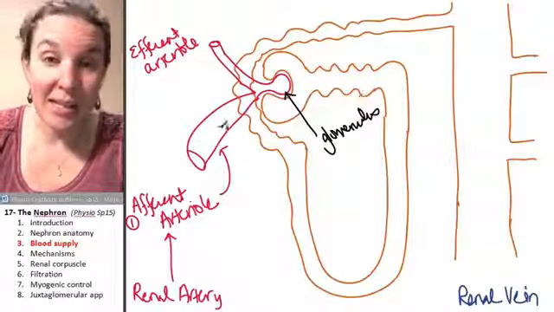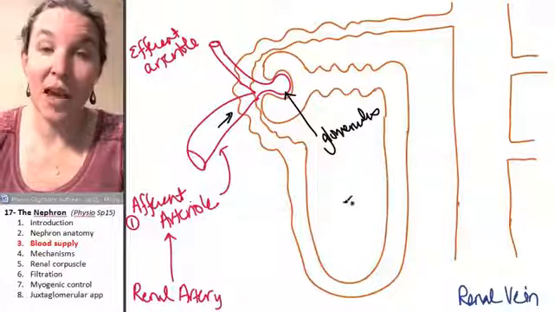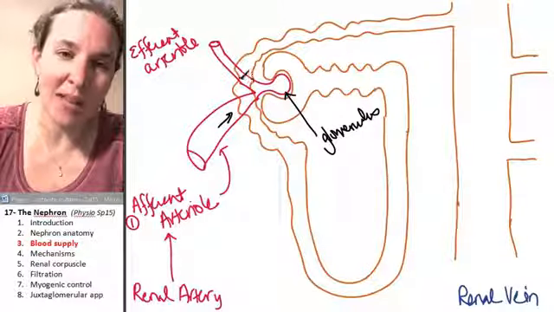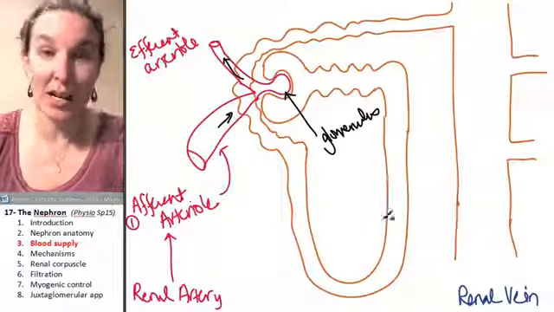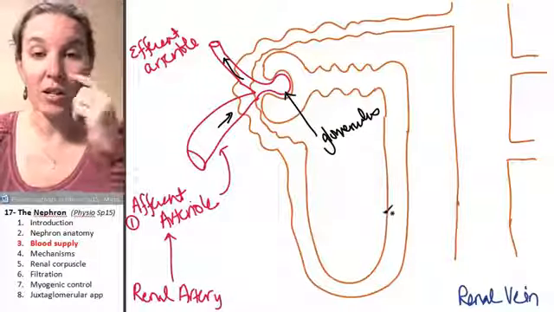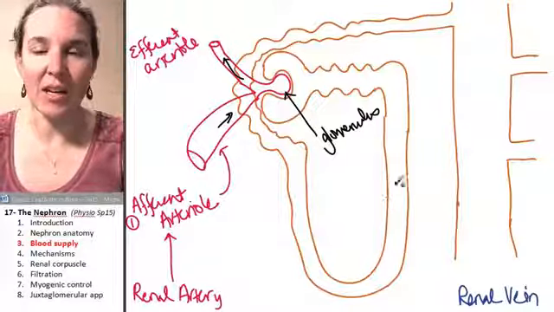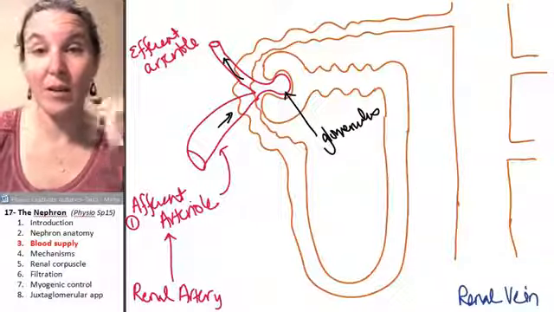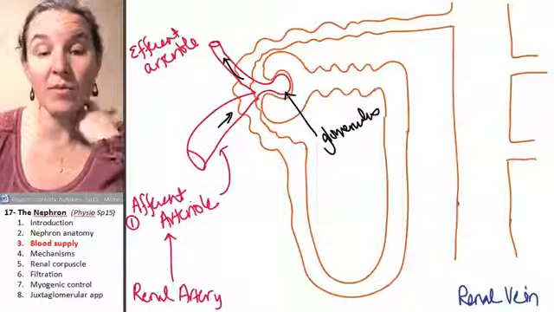Blood comes into the glomerulus through the afferent arteriole. It's hanging out in the glomerulus, but now it has this much smaller exit route through the efferent arteriole. That's significant, and that's very significant to understanding nephron function.